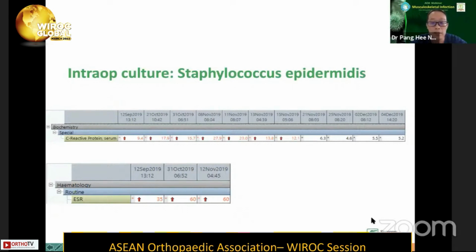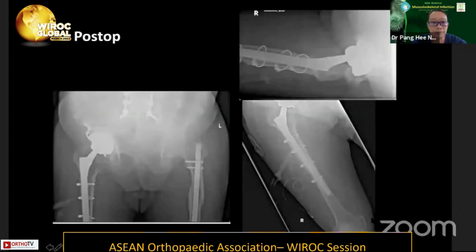So in my practice, as long as the ESR shows a downward trend, and the ESR may take a longer time to normalize, I will do a hip aspiration, and if culture is negative, I would proceed with a second stage implantation. This patient underwent second stage revision surgery with a cementless construct on the socket side, and a Wagner stem.